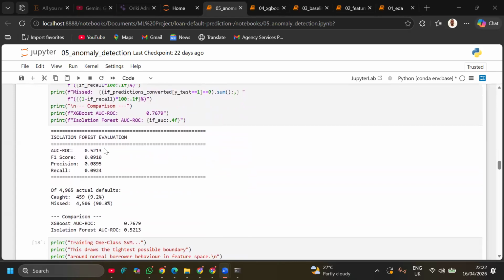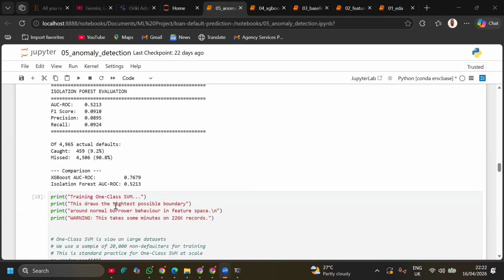So looking at the isolation forest, it's catching the default with 52.13%, and the recall is showing 0.099. So it's catching 9.2% and is missing 90.8%. What this is trying to tell us is that the bank will actually be missing a lot of money, because it's only catching default at 9.2%.